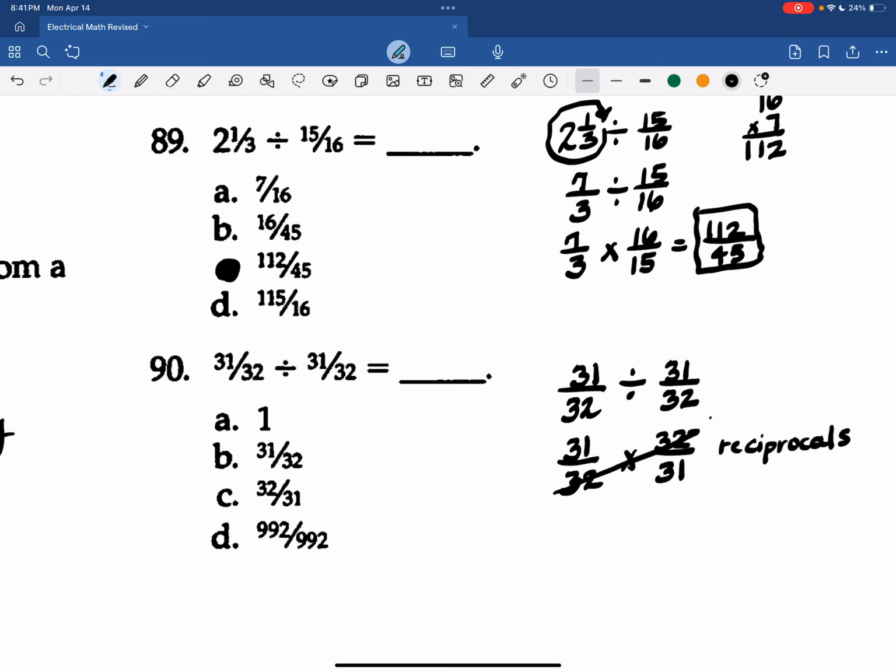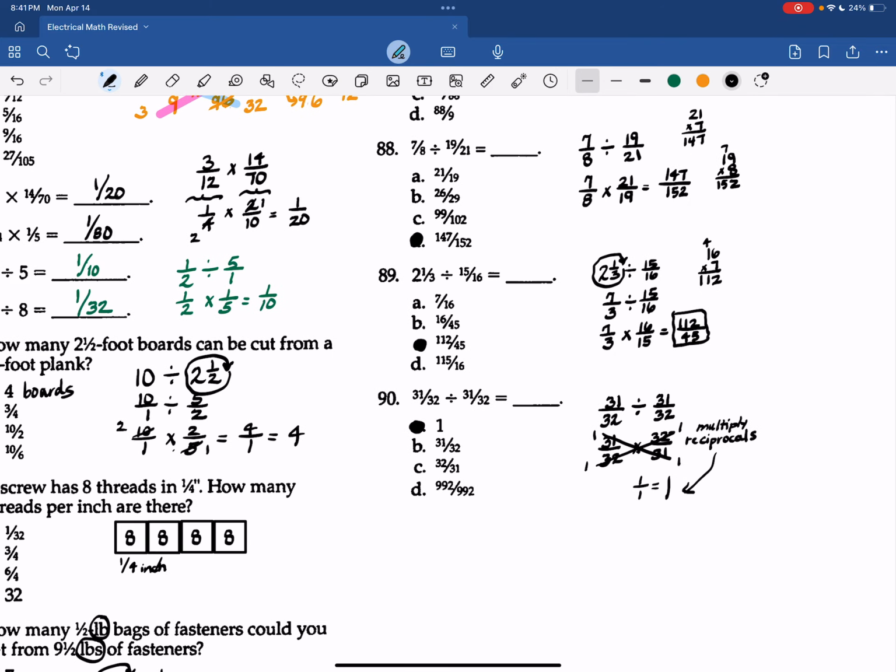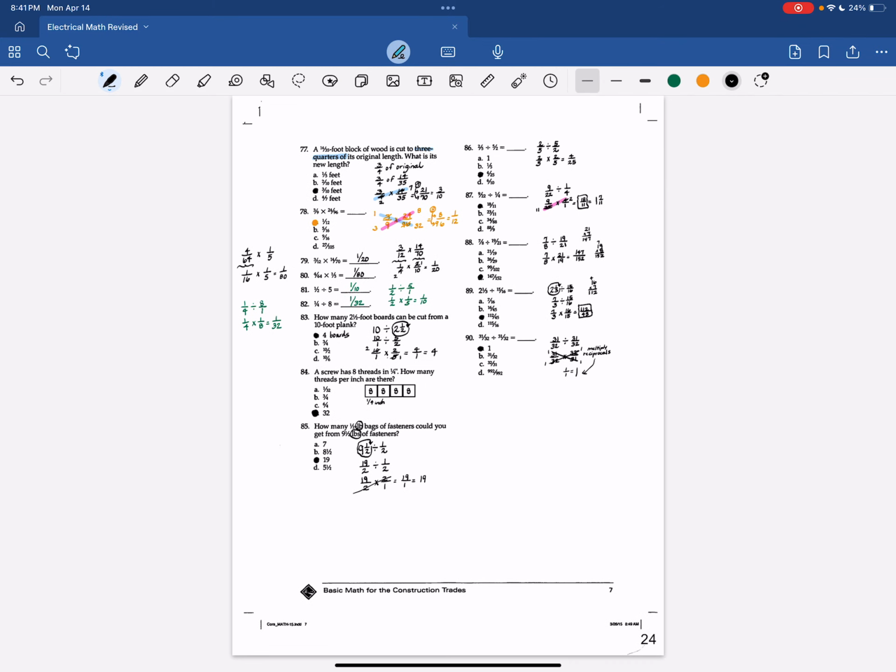These cancel, and these cancel, so that you get 1 over 1 or 1. Anytime you multiply reciprocals, the answer will be 1. That comes in very handy in algebra. It doesn't matter what the numbers are. If you're multiplying reciprocals, you get an answer of 1.